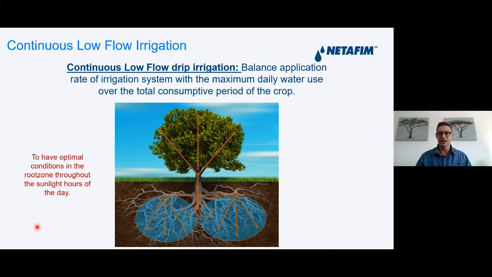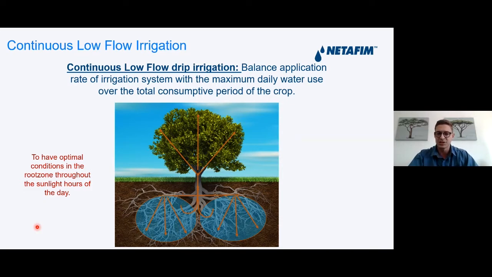And how do we do this? We simulate the optimal conditions throughout transpiration hours, because the tree transpires throughout the day with sunlight. This is the factory pumping up all the water and the nutrients. And we want to have the optimal conditions the whole time throughout the day, let's say from 6 in the morning till 6 in the evening for argument's sake.